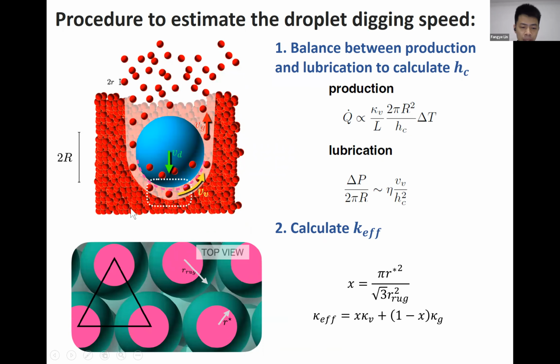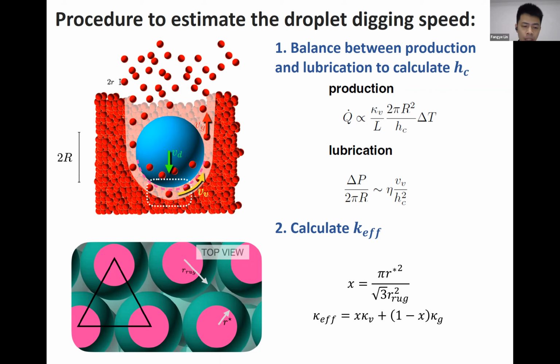We propose a mechanism for the digging process that is related to the Leidenfrost scheme. Due to the proximity of the droplet to the hot granular bed, under the action of the weight of the droplet, water vapor is generated between the droplet and the hot surface.